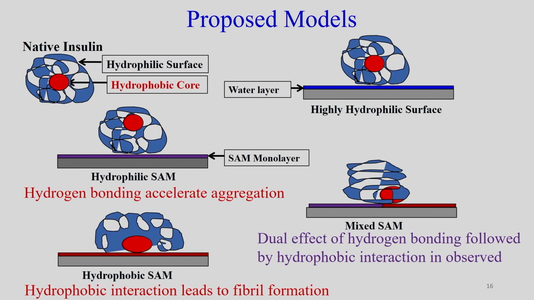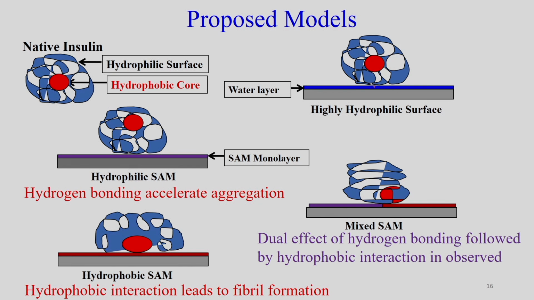So, based on these observations, we can assume that native insulin is a globular protein, having a hydrophobic core and a hydrophilic surface. Now, consider the case of a highly hydrophilic surface, that is a glass surface.